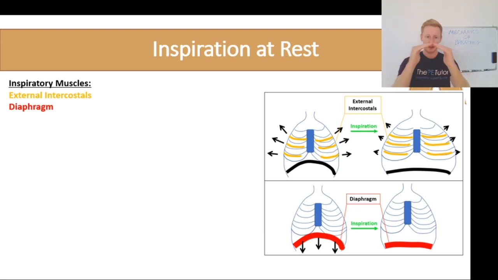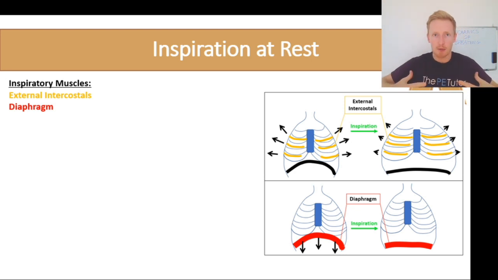And when resting, this diaphragm forms this dome shape, this upward curve. When it contracts, when it's stimulated, it flattens. So we're looking at increasing the space inside and behind our ribs, increasing the volume of the thoracic cavity. We can do it in two ways.